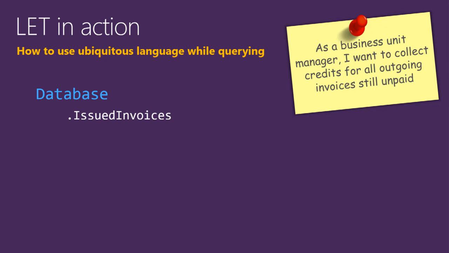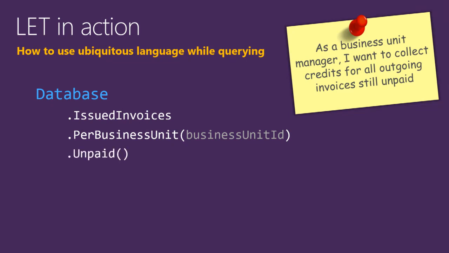IssuedInvoices is normally one of the DbSets of the mapped database. But in this case, because of the IDatabase interface, that's just an IQueryable object. So from the issued invoices, we call a method called PerBusinessUnit, and we pass an argument over there. It's a filter using this business unit ID, and then we filter furthermore using the Unpaid method.